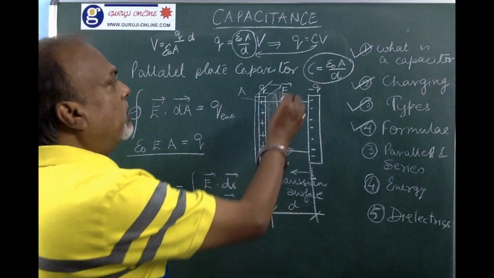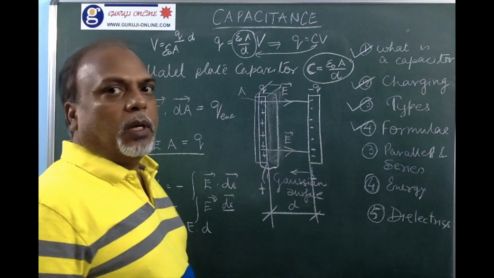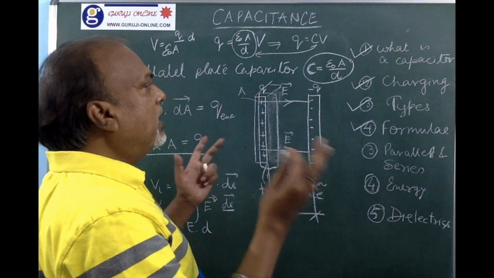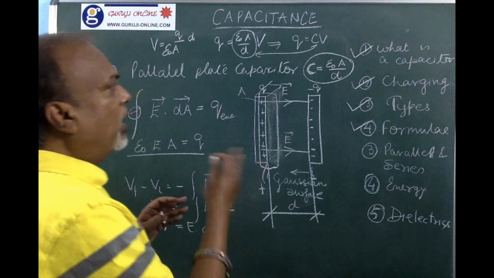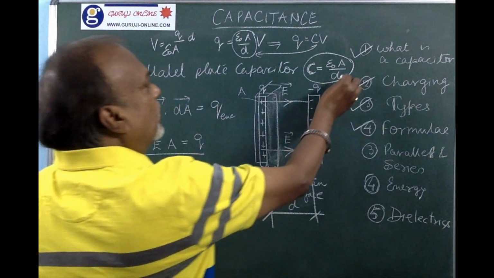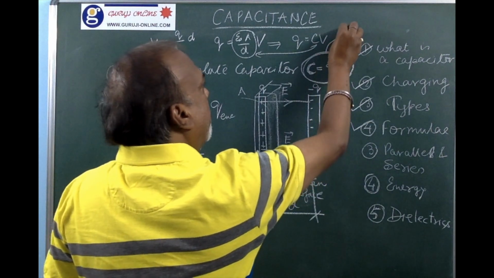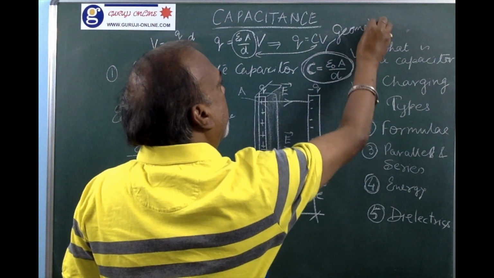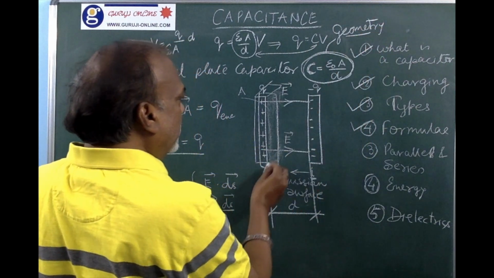So this is the formula valid for parallel plate capacitors, and it does not depend on any Q, or on any V. It is independent of all those factors. So it depends only on the geometry of the capacitor, meaning distance and area.